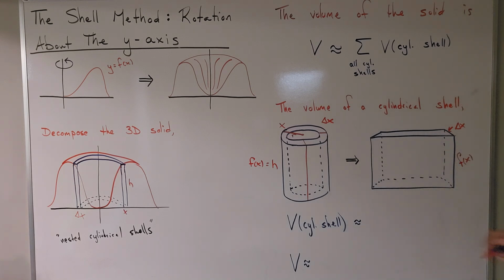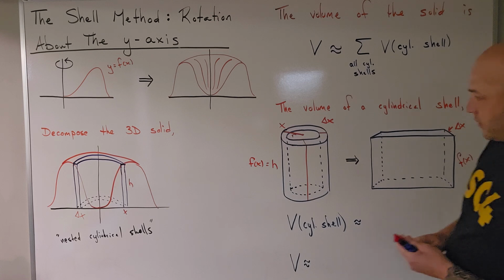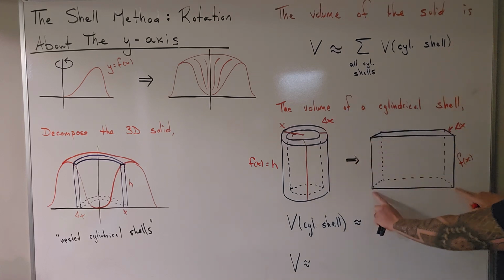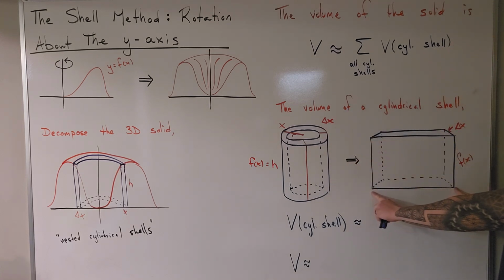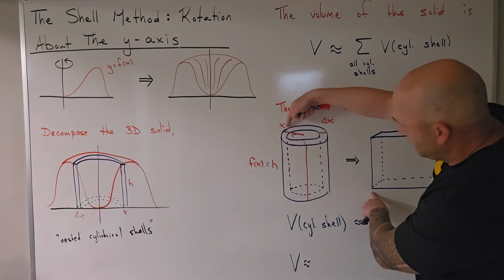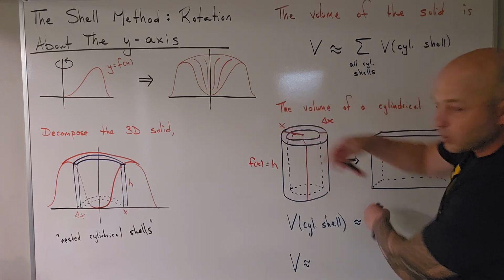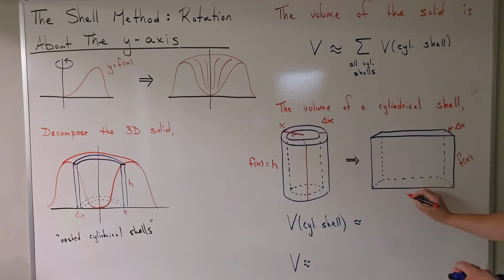Well, what I need is this length. I've got the width, I've got the height, now I need this right here. Notice that this distance all the way around is actually the circumference of that circle. So the circumference is going to be 2 pi times the radius, so 2 pi x.